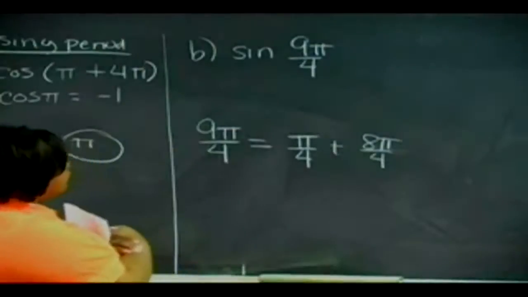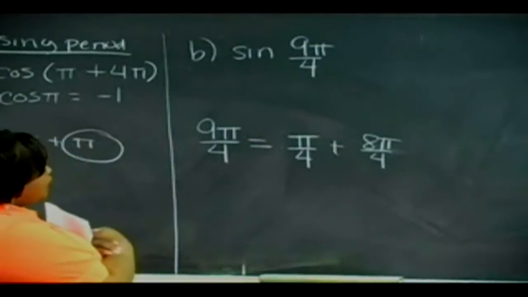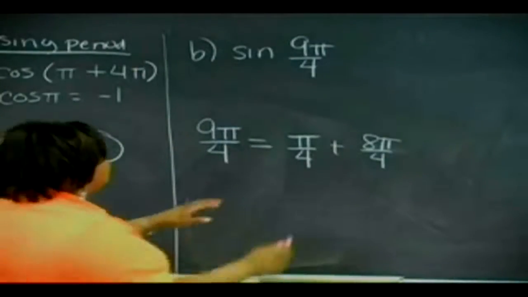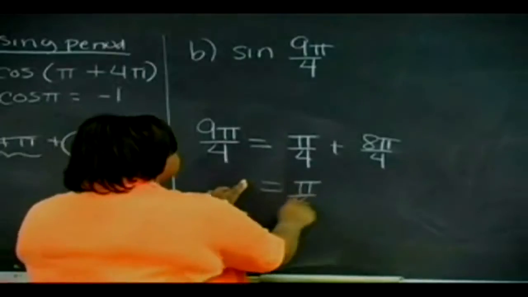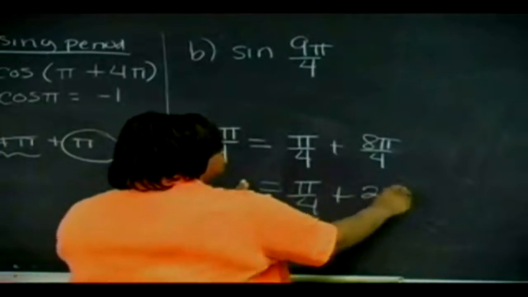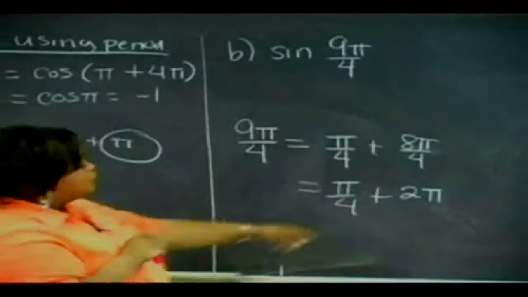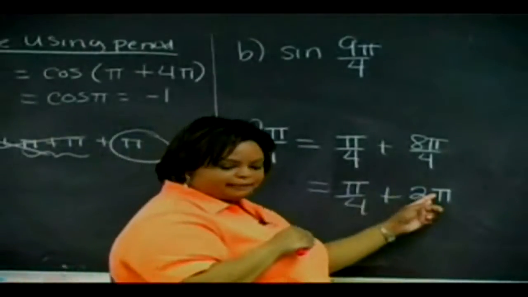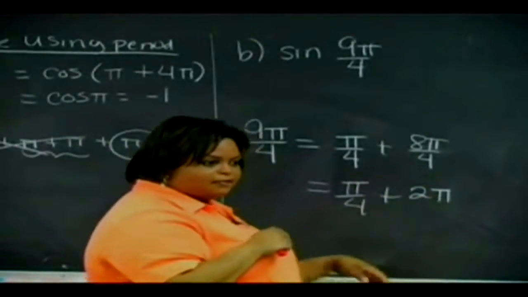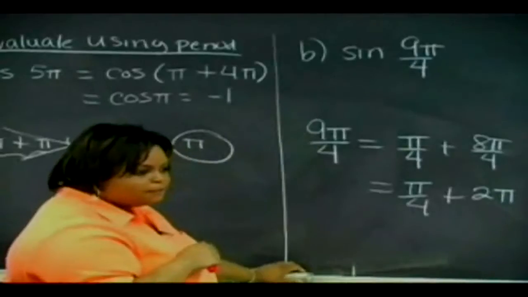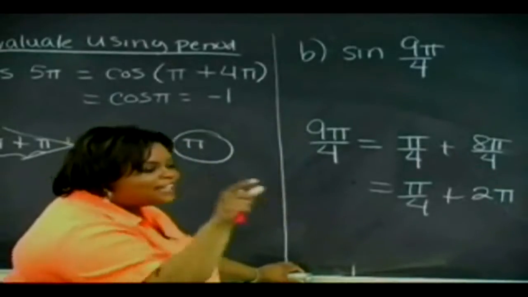Okay, there you go. Now, why did I choose 8 pi over 4? Because this gives me some even power of pi. In fact, I did this differently in my notes. Even, dealing with sine and cosine, yes.